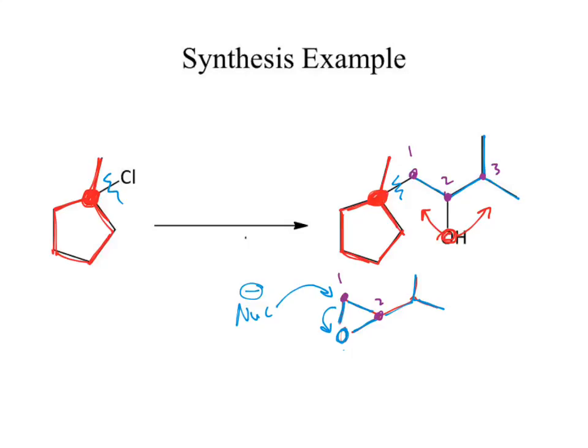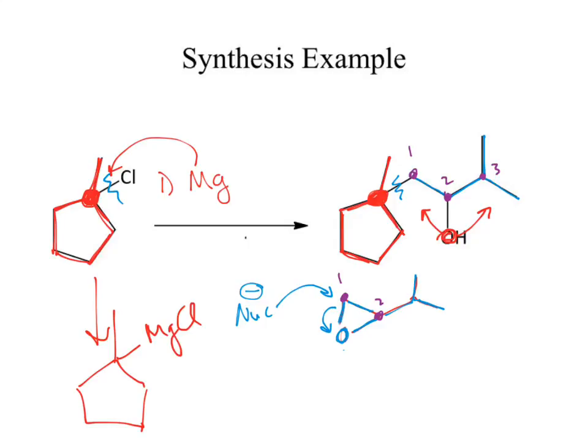We have to bring in a metal. That metal is magnesium. That magnesium will insert itself into that bond. Carbon is much more electronegative than the magnesium, so we could effectively call that negative and that positive.